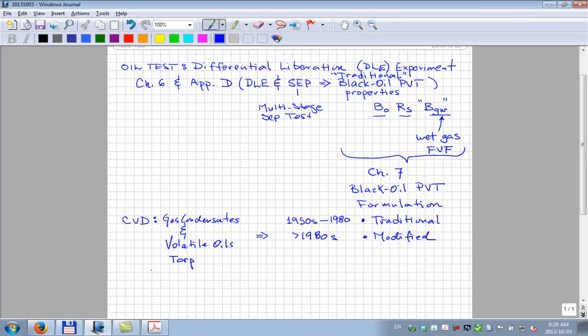Stein Bøde and I published a paper, and in that paper we give a methodology for coming up with the complete modified set of black oil PVT tables. That's discussed in detail in chapters 6 and 7. So that's kind of where we're going.